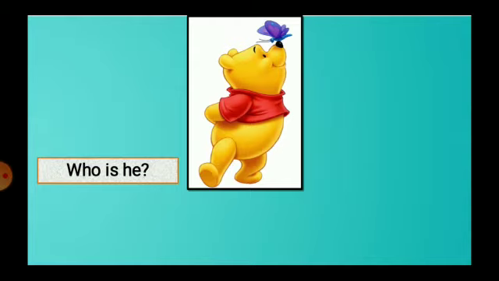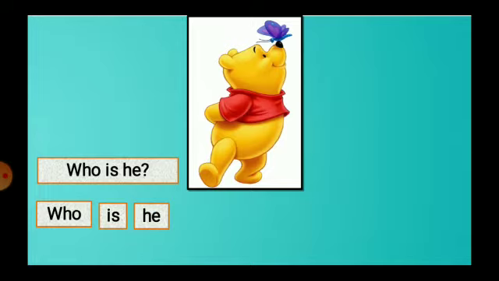Before we give the answer, let us first see how we frame the answer from the question. So, let us first divide the question into parts. That is, who is he, and question mark, right?